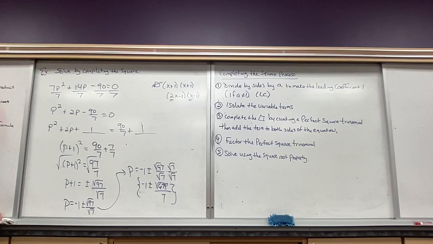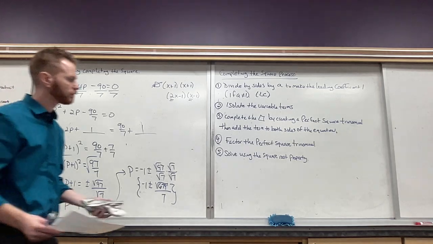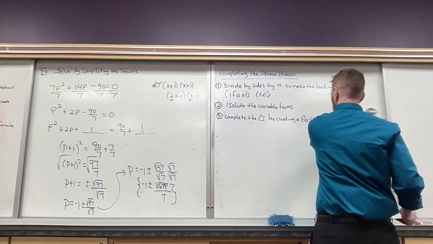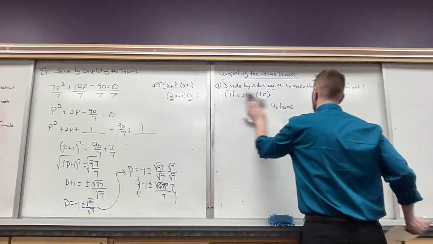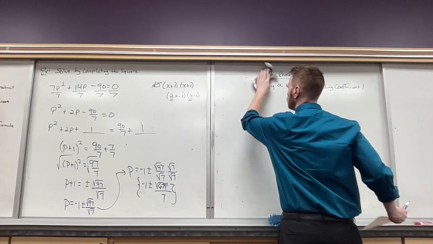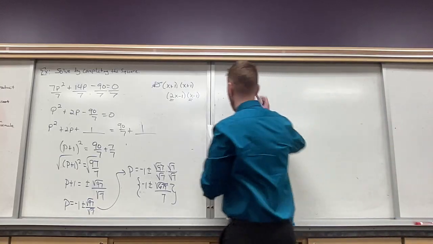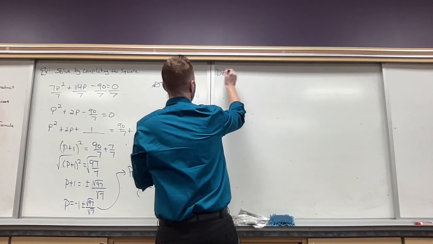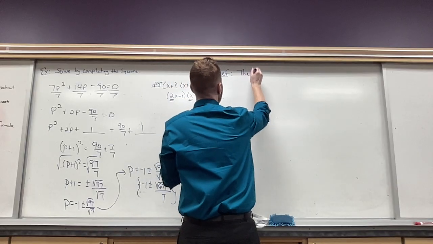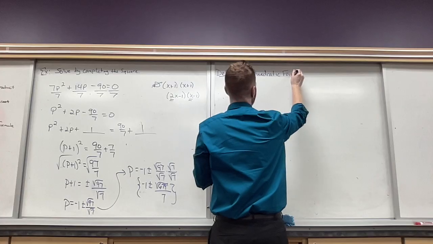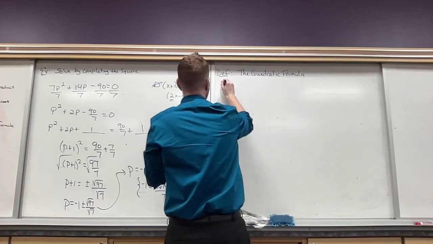All right, there's completing the square. We got one more thing to do, and that's quadratic formula. Let's take a look at those. So, quick definition. This is something that is well known in high schools.